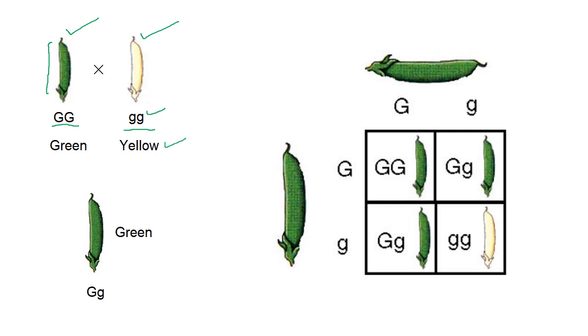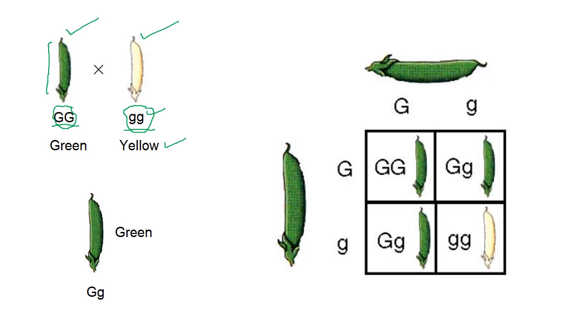This capital G or small g controls the trait, the color of the pod. Capital G is responsible for the green color pod and small g is responsible for the yellow color pod. Both of these plants are true lines and they are homozygous. Both alleles are similar, capital G and capital G, and in the yellow pods, small g and small g.